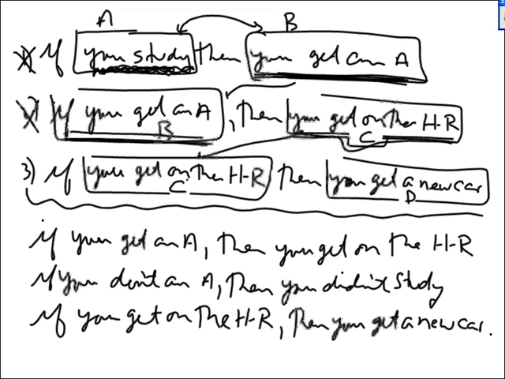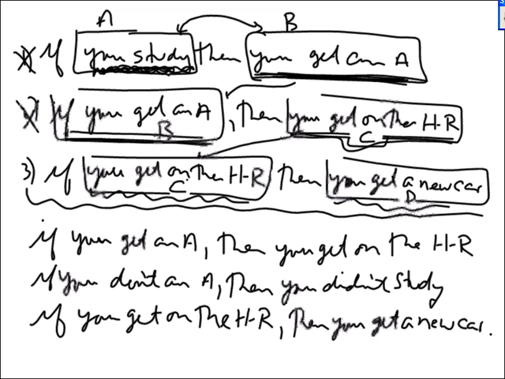So if you study, you get on the honor roll. But in turn, if you get on the honor roll, you get a new car. So if you study, you get a new car. That's the conclusion from the original 3 statements.